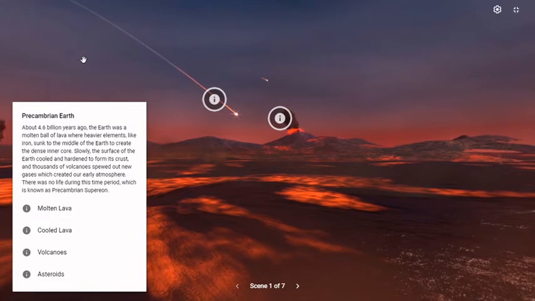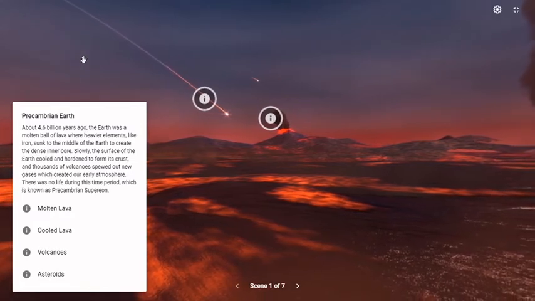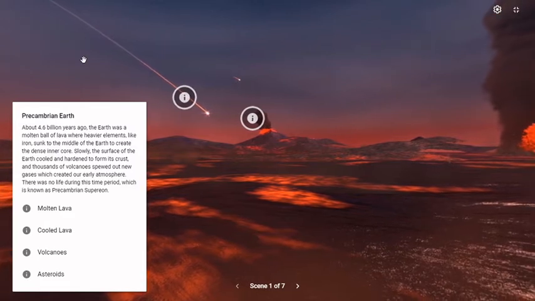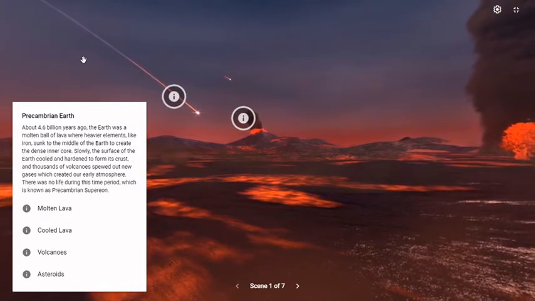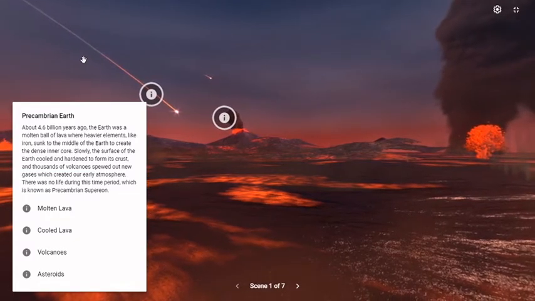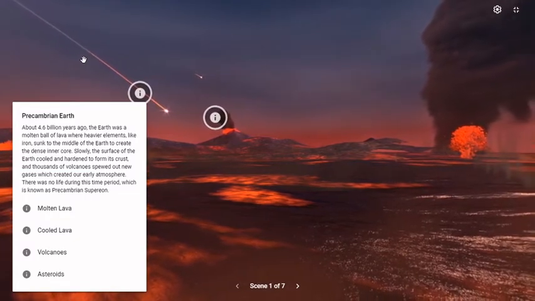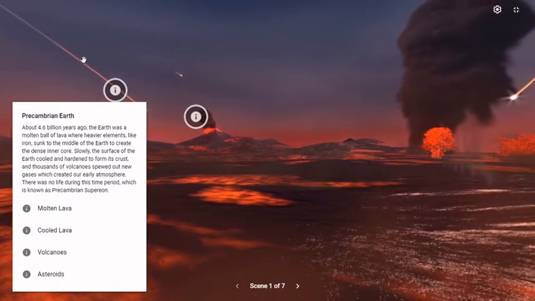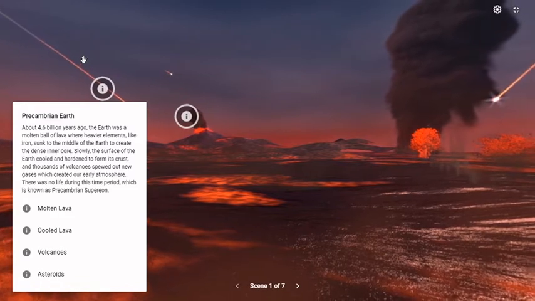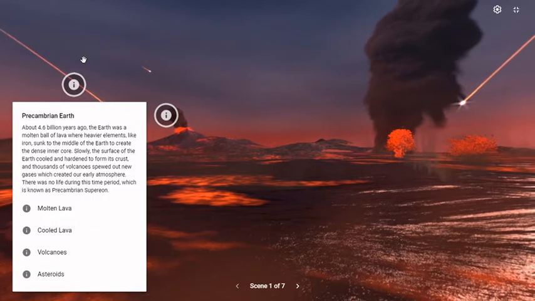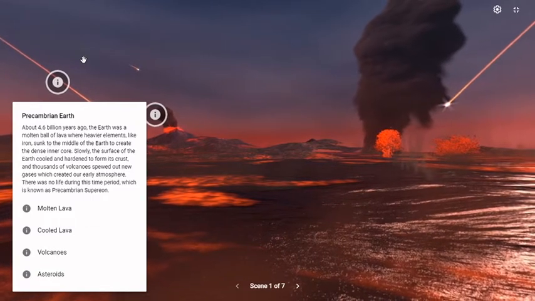Okay, so remember, you have to read with me the information to check vocabulary and pronunciation. Let's start. Precambrian Earth. About 4.6 billion years ago, the Earth was a molten ball of lava where heavier elements like iron sunk to the middle of the Earth to create the dense inner core.